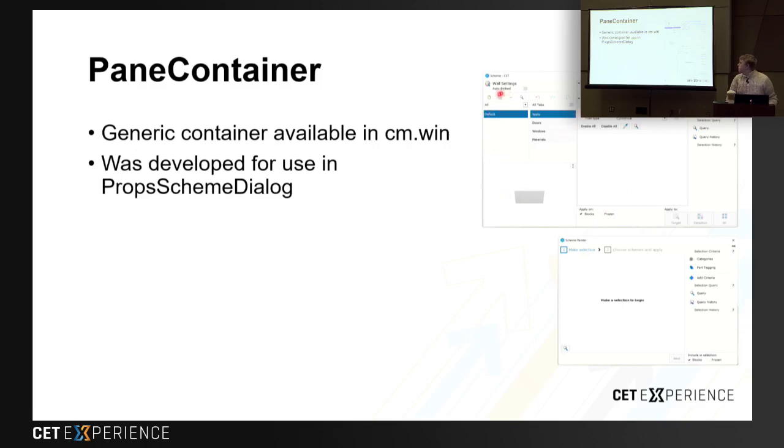It has these different sections here that are split down the middle. You have this resizable preview area. So this is using a pane container, and the scheme painter here as well, with these distinct sections, is also using the pane container control.